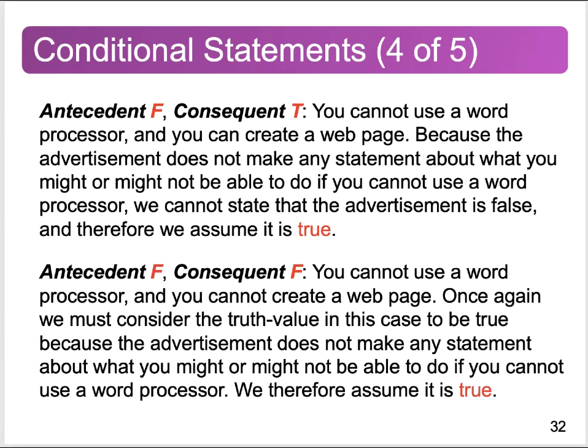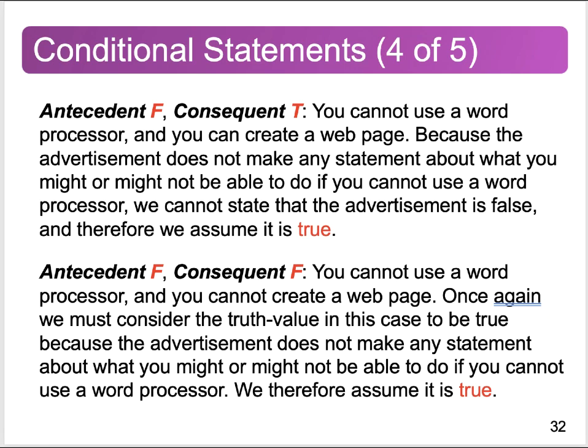Now, the other 2 combinations are the ones that really mess up students. If the antecedent is false, and in this case, you cannot use a word processor, but you can create a web page. Well, here, the advertisement didn't say anything about what would happen if you don't know how to use a word processor.